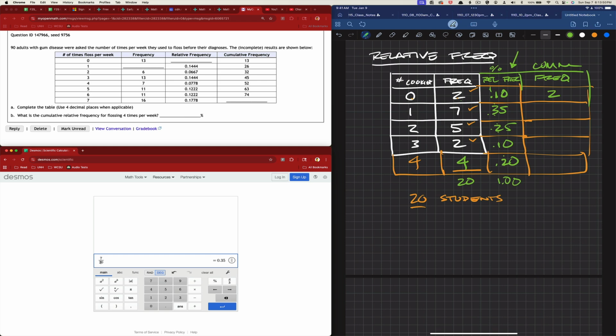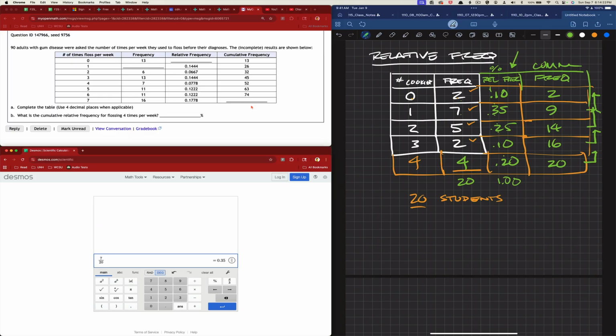And if I add the 7, that'll be 9, meaning there are 9 values that are 1 or less. There are 14 values that are 2 or less. There are 16 values that are 3 or less. There are 20 values that are 4 or less. That's why this last one is going to be 90. Notice how 74 plus the 16 is in fact 90. Okay? So that's that table.